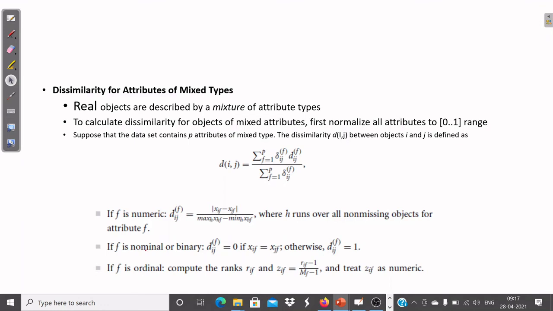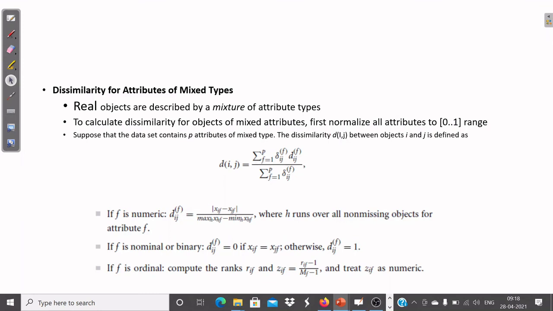If it is a nominal or binary attribute, then the distance is 0 if the two objects have the same value, and otherwise the distance is 1. In the case of an ordinal attribute with rank r_if, first you normalize this and then you go for the same sort of distance calculation as done for numeric.